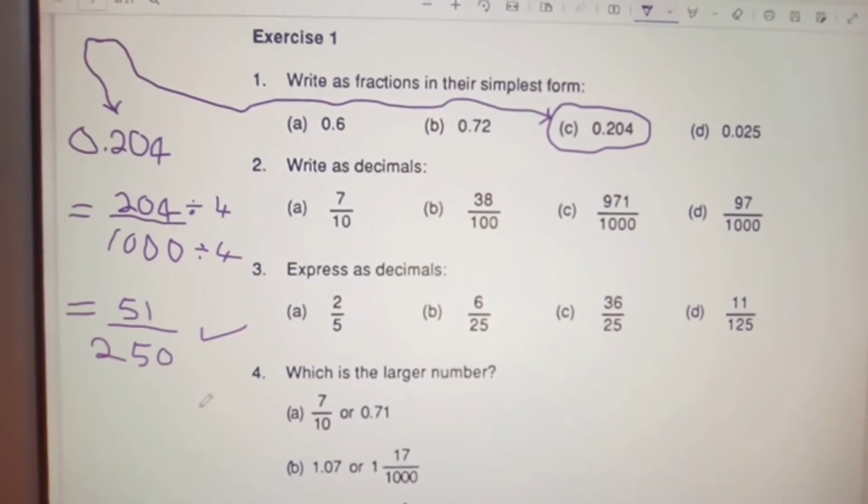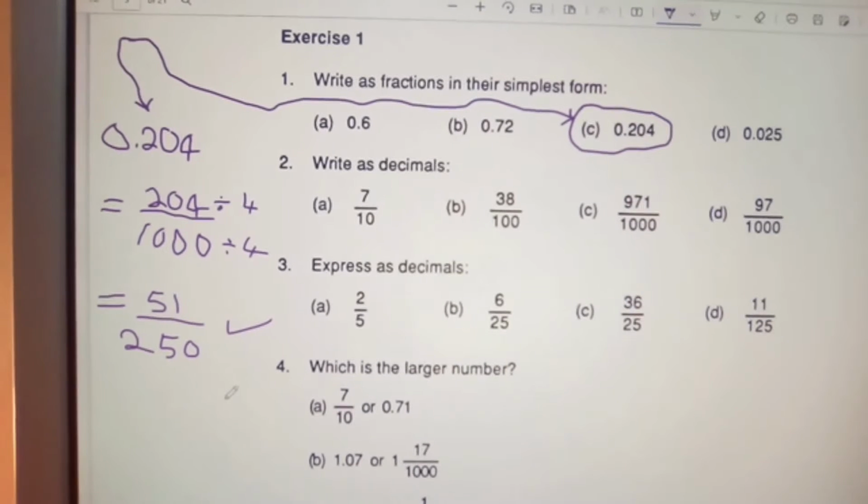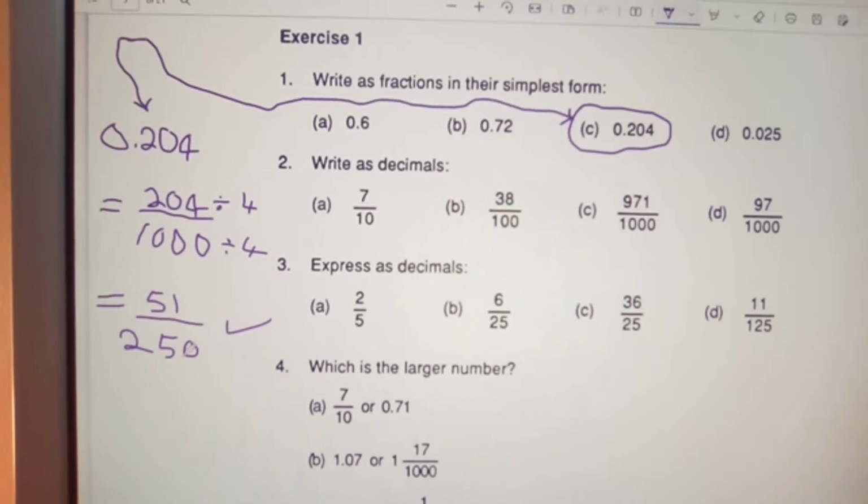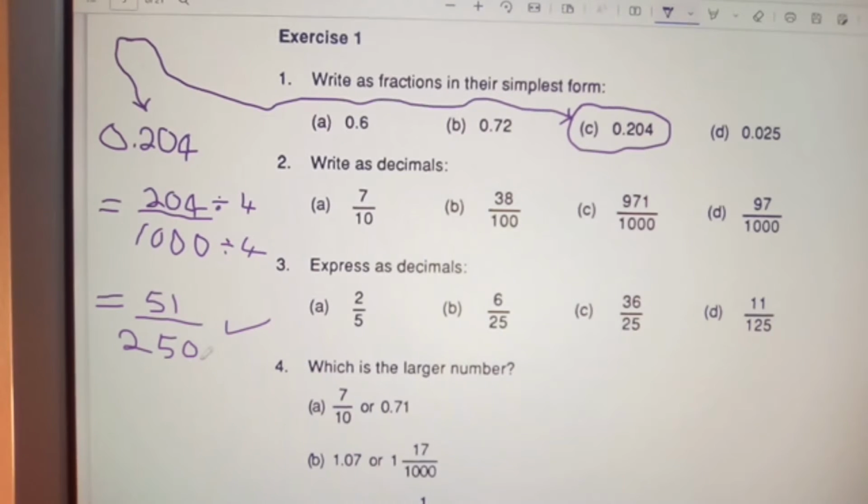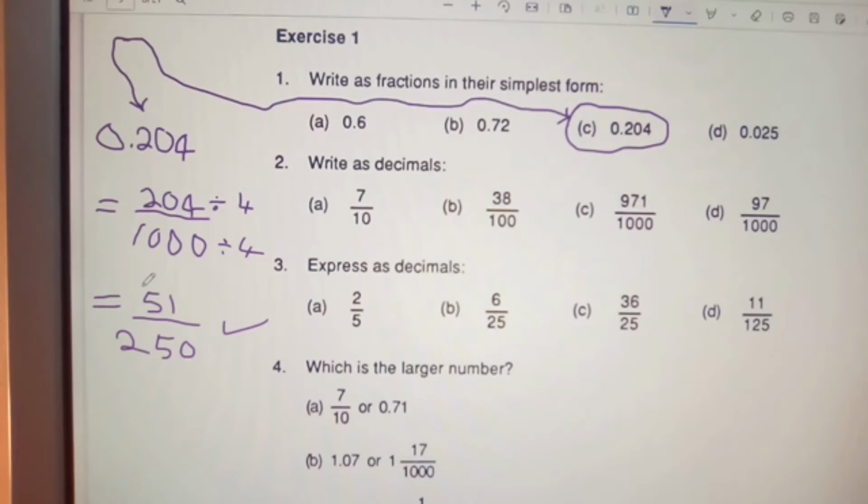Right, so we know that this is equal to this, and I can run this all the way around now just to show you that this is now equal to this whole thing.